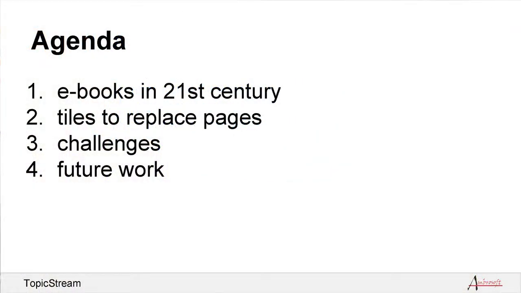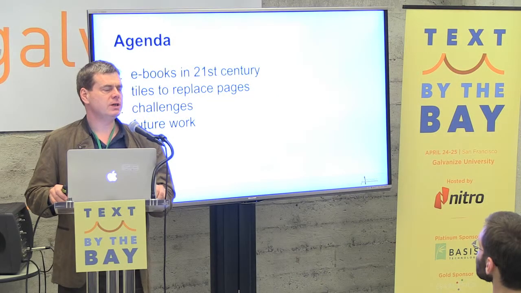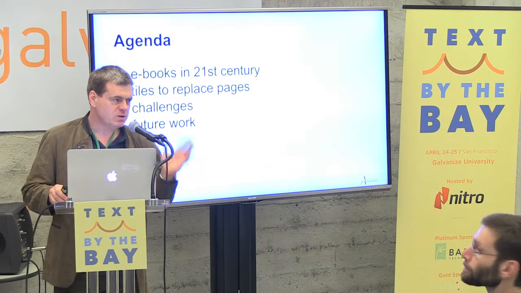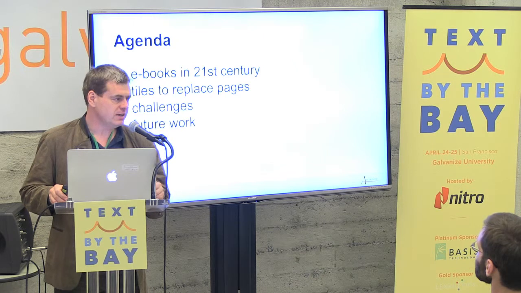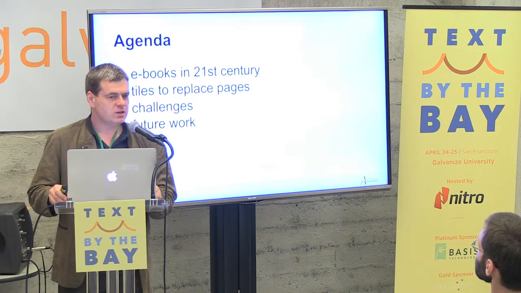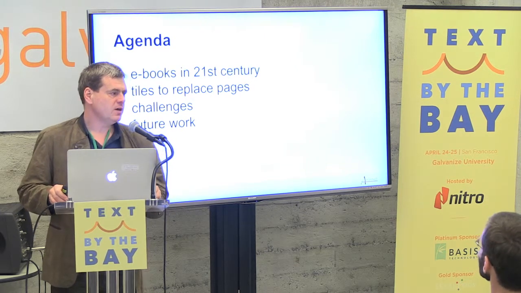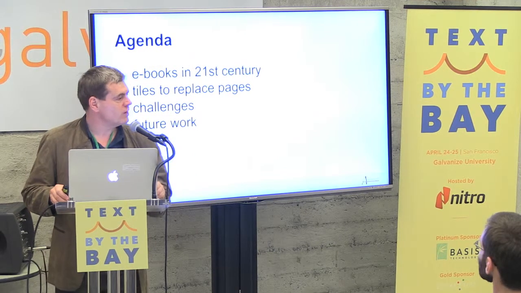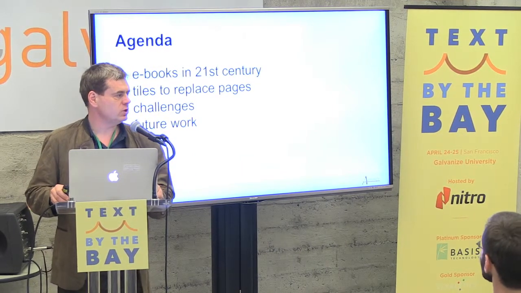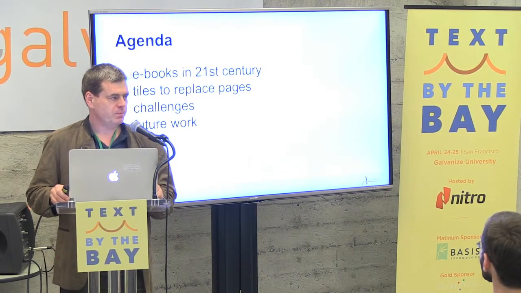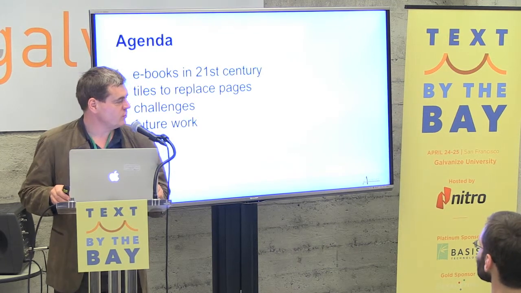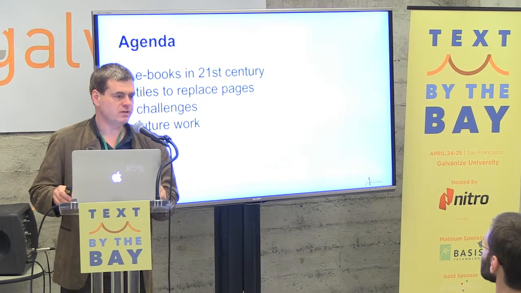So what I'm going to be talking about today is how electronic books function in the 21st century. By electronic books, I'm specifically interested in the so-called STM books, or scientific, technical, and medical. But it can also be cookbooks, travel books, and so on. So books which have the nature of a reference, much more so than immersive prose, such as novels.